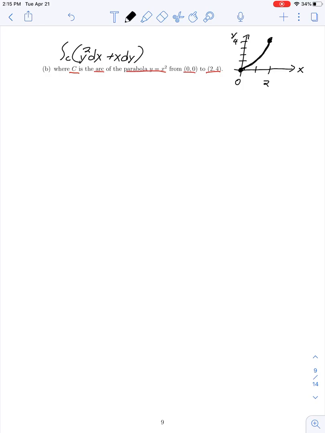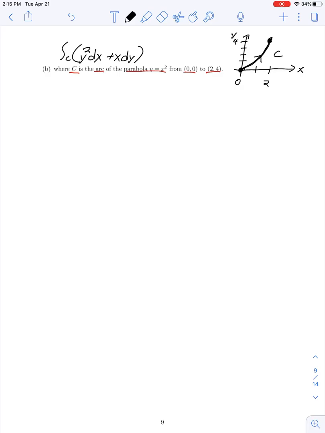So this parabola opening upward, traversed in the similar direction from 0, 0 to 2, 4. So we might ask, well, this curve is a different curve in the xy plane, but it connects the same 2 points. So will we get the same value for this line integral or a different value?